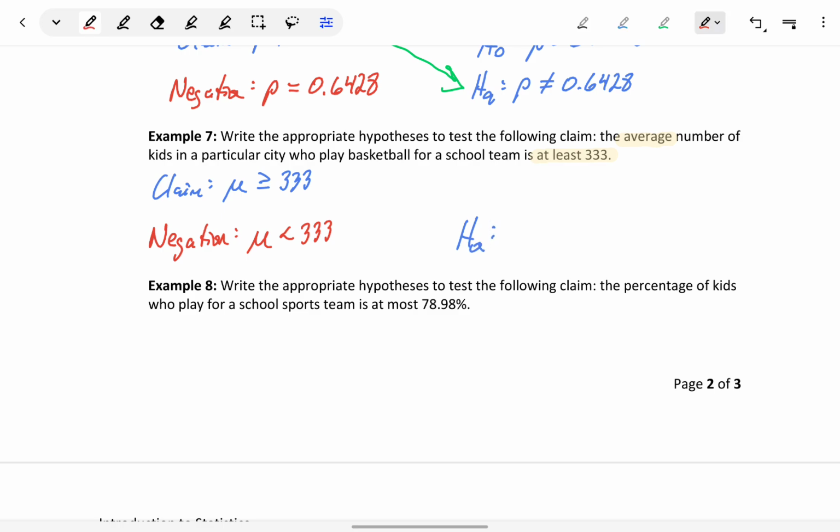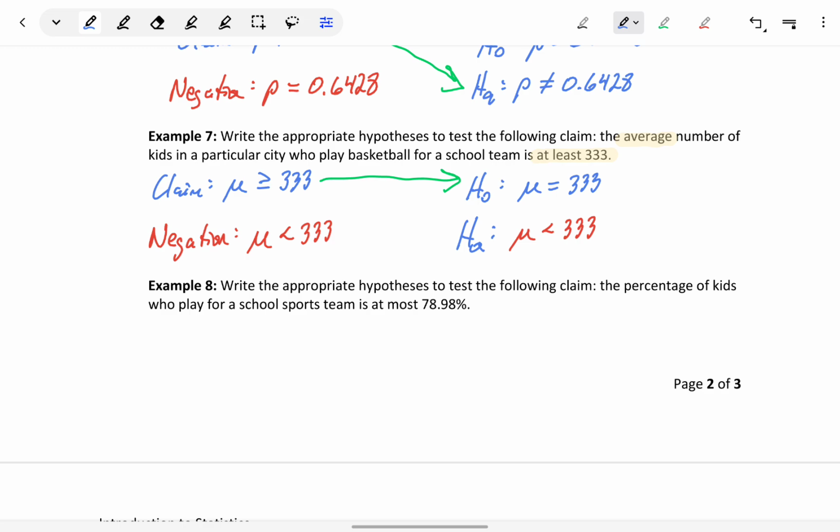For our alternative hypothesis, we choose the statement that has a strict inequality. So that will be mu is less than 333. And the null hypothesis will be the statement with equivalence, which will translate into just an equal sign. So in this case, the claim actually corresponds to the null hypothesis.